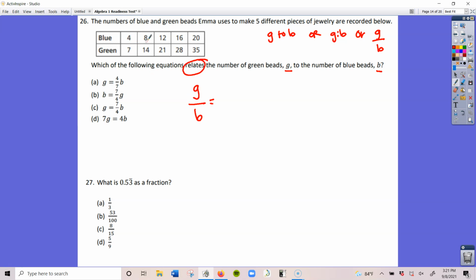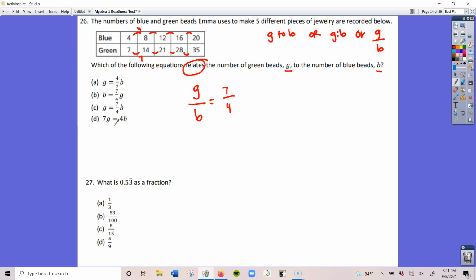For every 8 blue beads, we use 14 green beads, etc. If you look at how it's increasing, the green beads is always going up by 7, and the blue beads are always going up by 4. So green is 7 over the number of blue beads, which is 4.